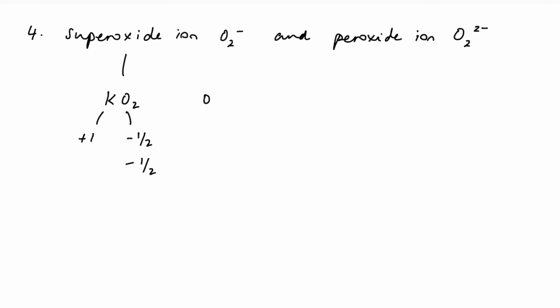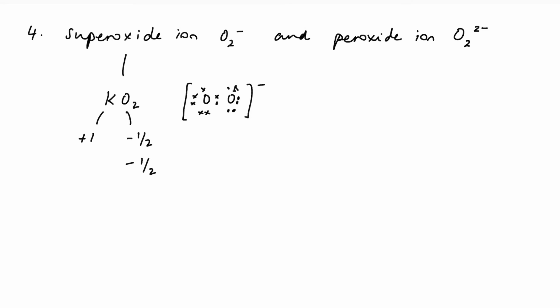Well, we have a single bond between the two oxygens. 1, 2, 3, 4, 5, 6. 1, 2, 3, 4, 5, 6, and then it's got a single negative charge, so it's picked up an electron from the potassium in this case, and it looks like so. So one of the oxygens has 7 electrons around it, the other one has 8.